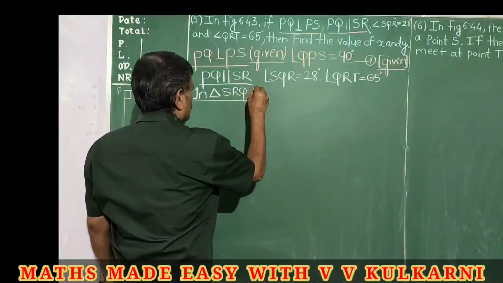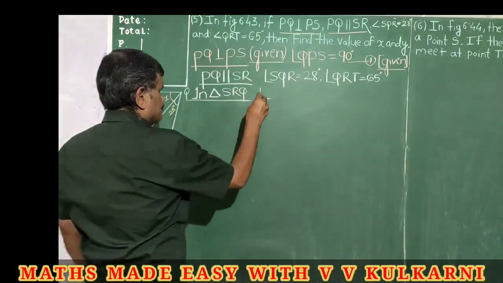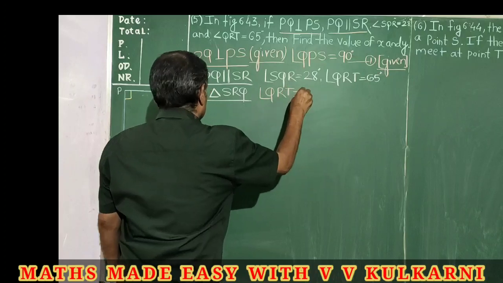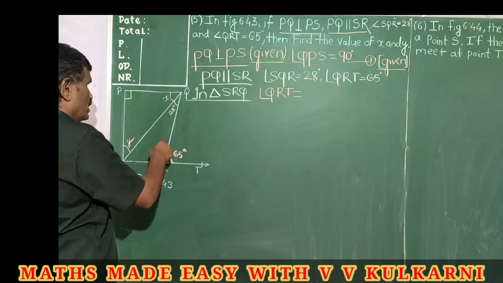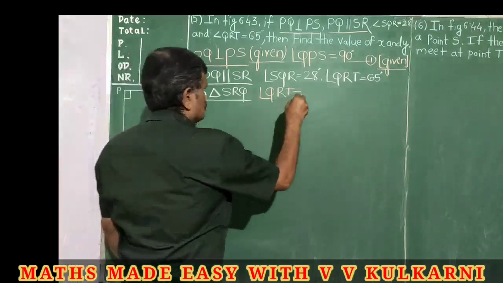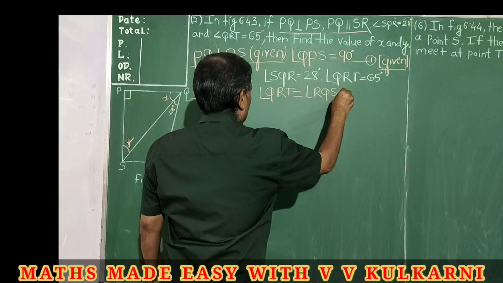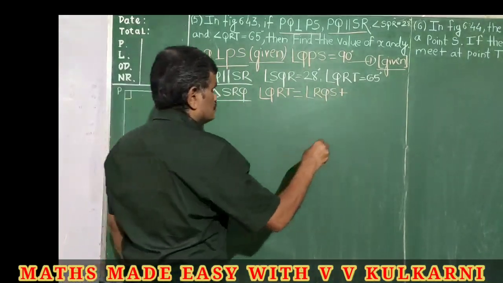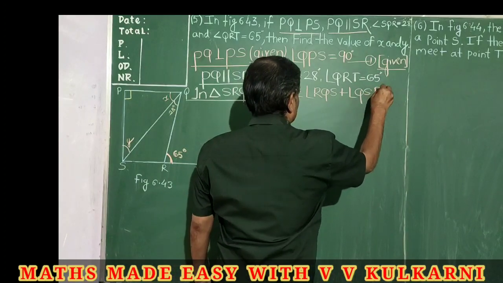So what I will write? Angle QRT is equal to angle RQS plus angle QSR.